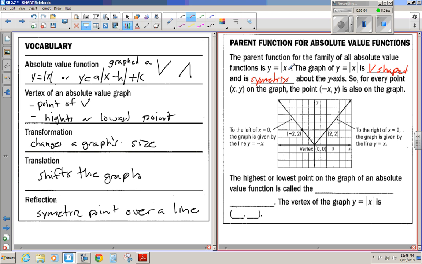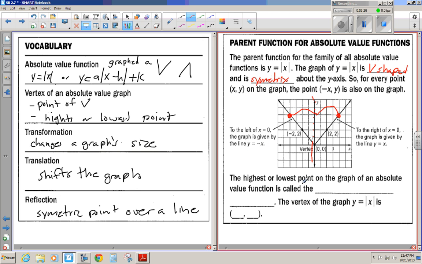So for every point x, y on the graph, the point negative x, y is also on the graph. It's basically right here. This is 4, 4. Here is the reflection line of symmetry. This point is over here as well.